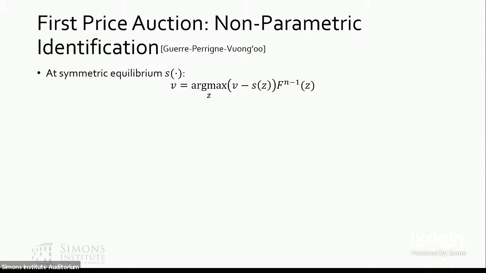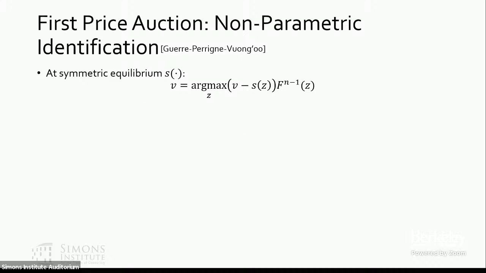And their probability of winning is the probability that all other players have a type that's smaller than Z. Because it's a monotone symmetric equilibrium, if they have a type smaller than Z, they will be bidding lower than S of Z, and so I'm going to be winning.